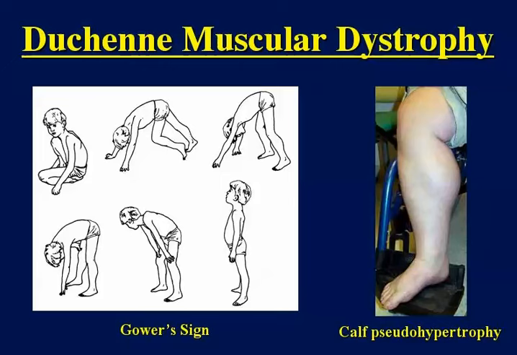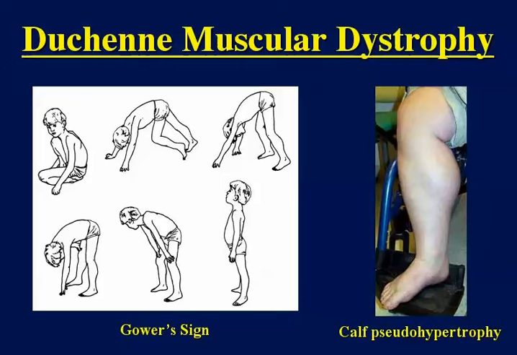Infant boys are usually asymptomatic in early infancy, but after learning to walk sometime after 12 months of age, the clumsy gait of the toddler does not improve. The telltale sign of the hip girdle weakness, the need to place one hand on a knee and climb up the leg to rise from the floor to an upright position, which is called the Gower sign, may be present by 3 years and surely by age 5.